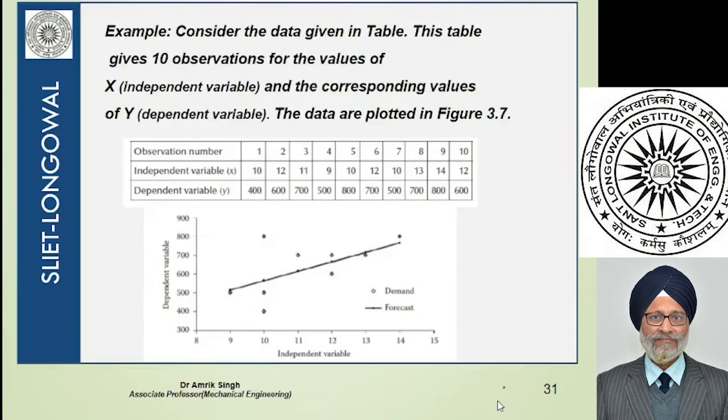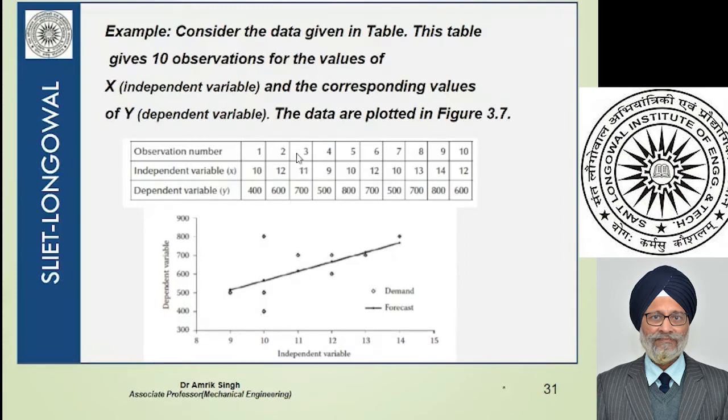So let us take an example. This table is given for 10 observations. The independent variable is x and the dependent variable is y. Okay. So some values are given. If you see here, at 10, this value is 400.